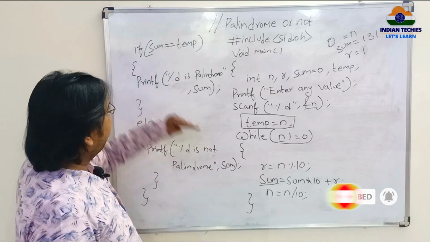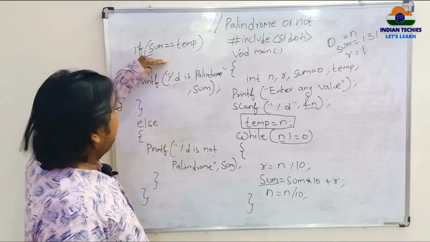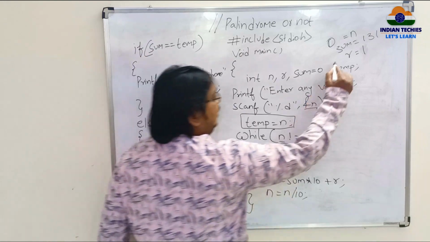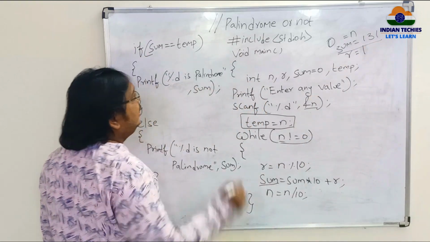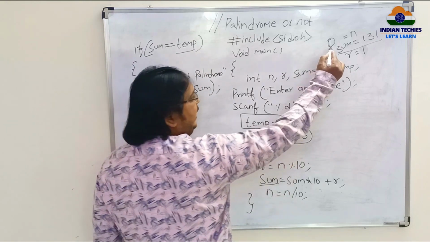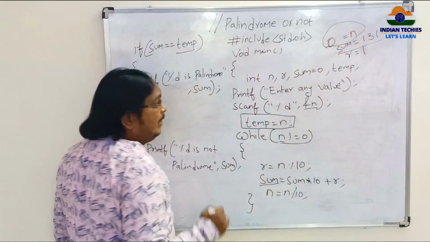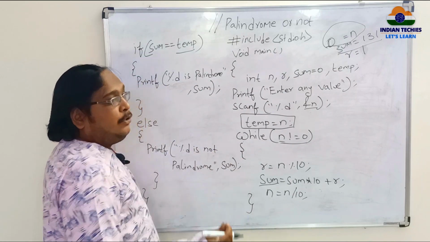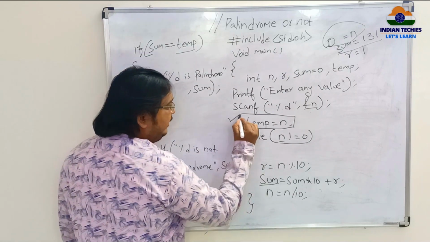Once the loop is completed, what is the next step? What is your calculated one? Sum is 131. It should be compared with temp because your n has become 0. But where is my input? My input copy is already kept in temp.